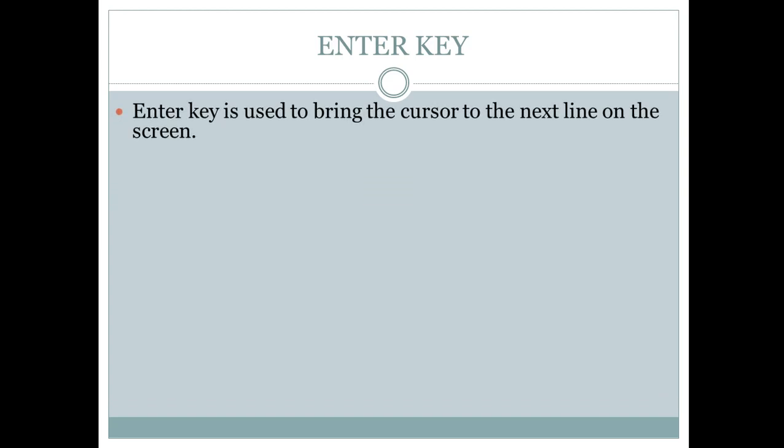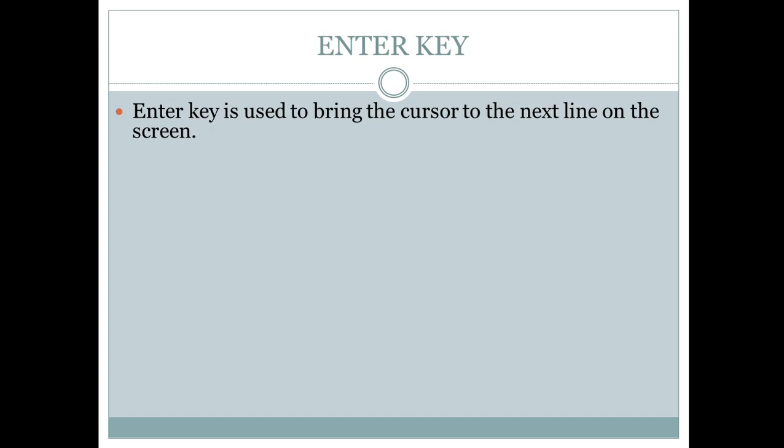Next is the enter key. The enter key is used to bring the cursor to the next line. Remember, I have shown you the cursor, the blinking line. While writing in a notebook, after the first line is finished, we start writing from the next line.